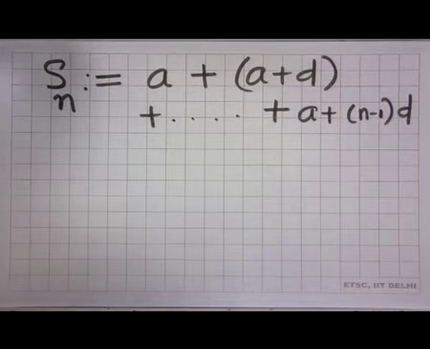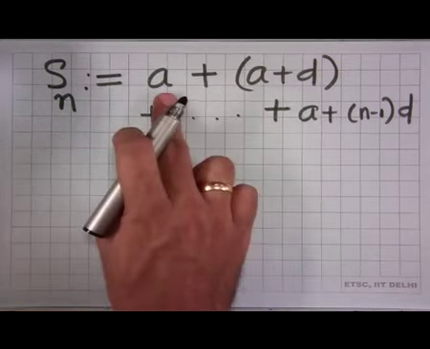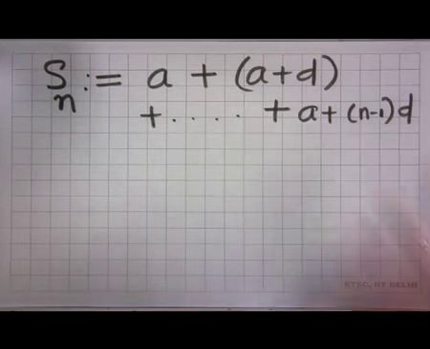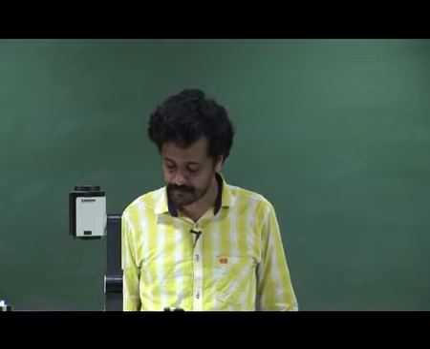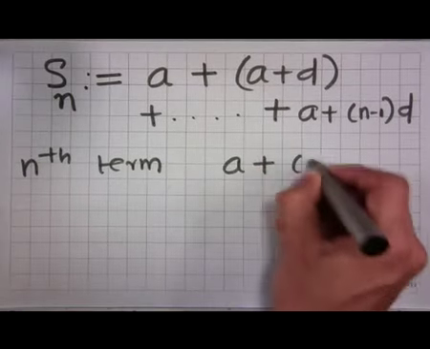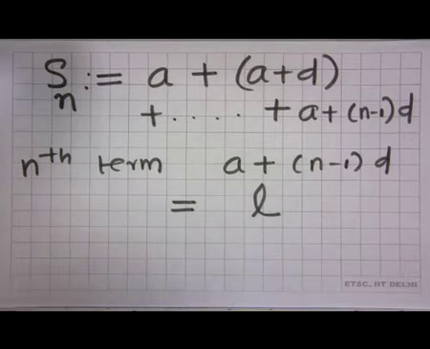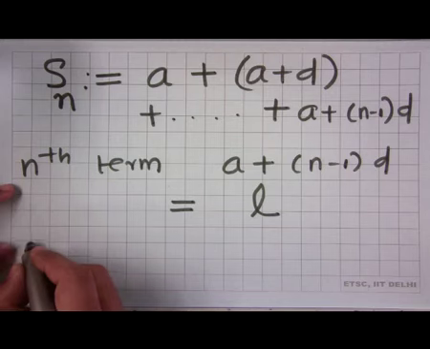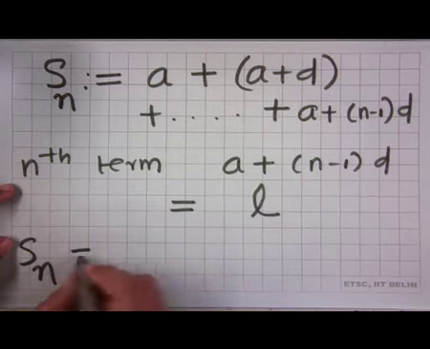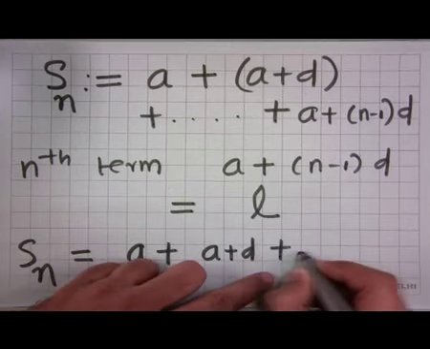What we are looking for is a formula for this sum, Sn equal to a plus d plus etc. plus a plus n minus 1 d. Since we have only n terms in our consideration, let me call the nth term, a plus n minus 1 into d, the last term, and denote it by L. So, we want to find Sn equal to a plus d plus etc. plus L.